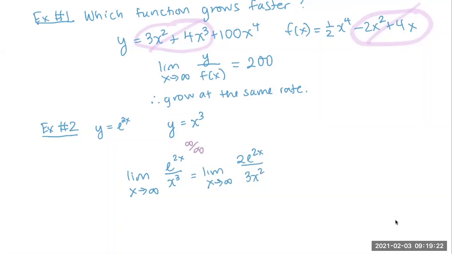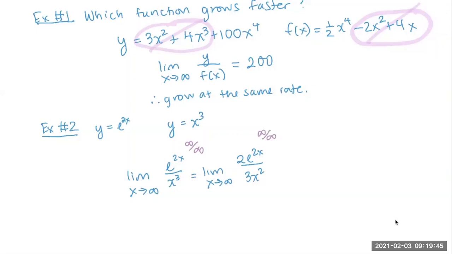Humor me again, you guys. If you did direct substitution again, what would you get? At this stage, you would get still infinity over infinity. If we didn't do any simplification or overthinking of things, it's still infinity over infinity.